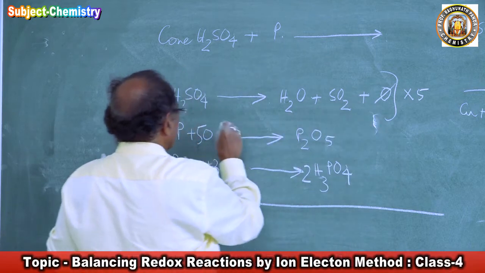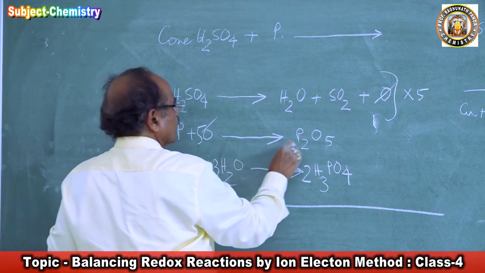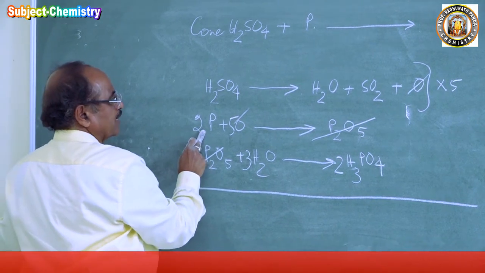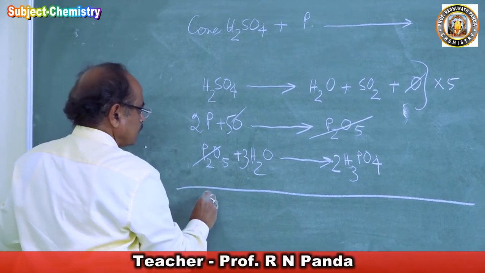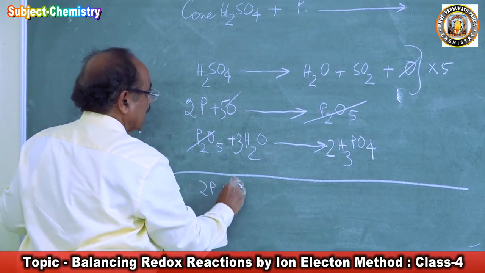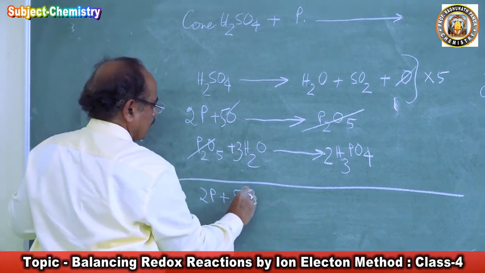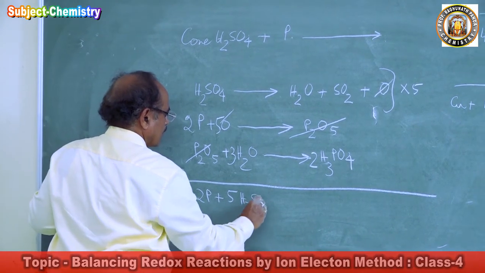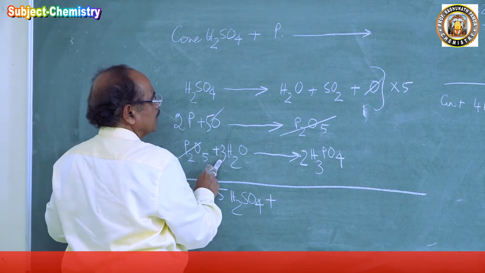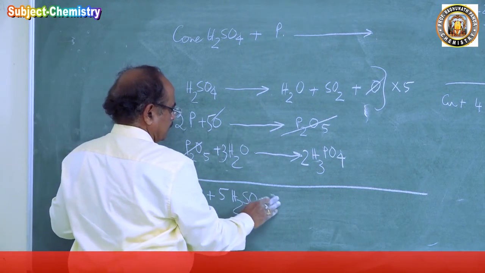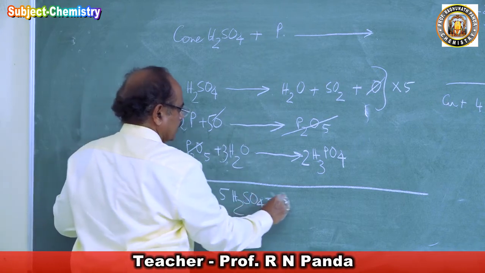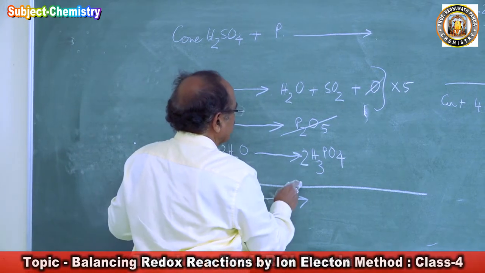So O will cancel, P2O5 will cancel, and we will get 2 phosphorus plus 5 sulfuric acid, then 3 water, 5 water.